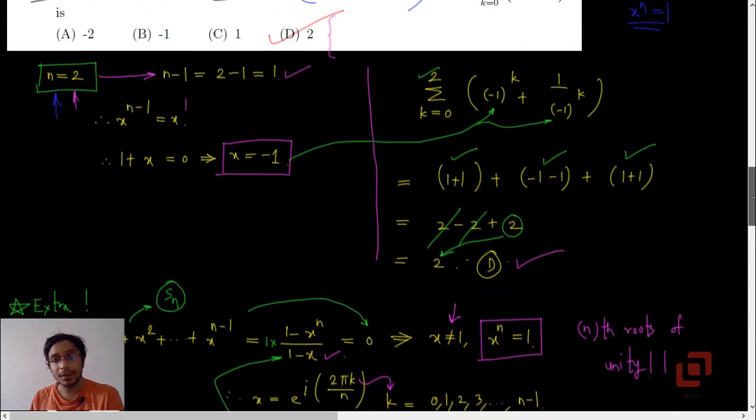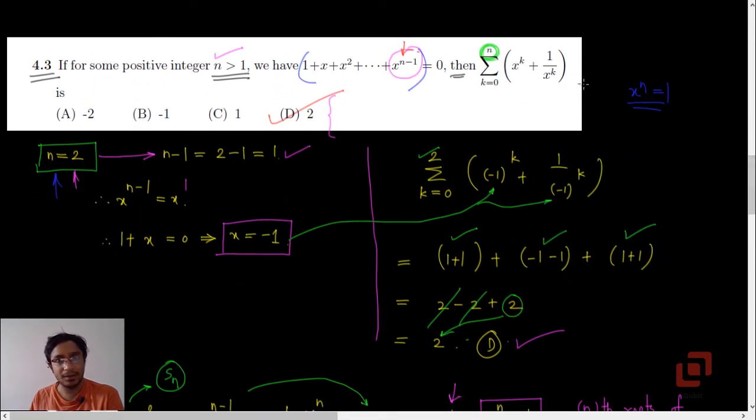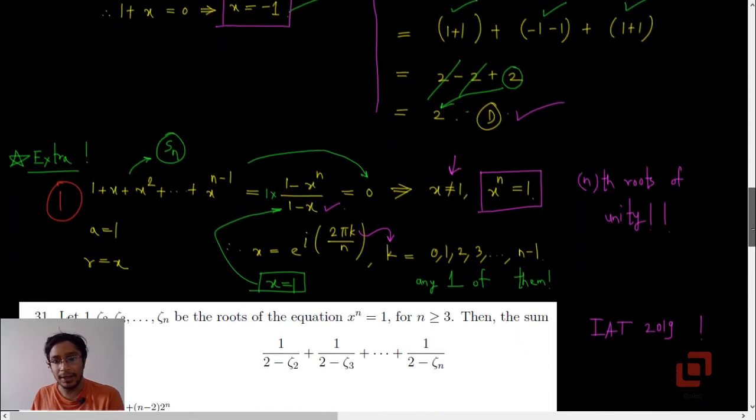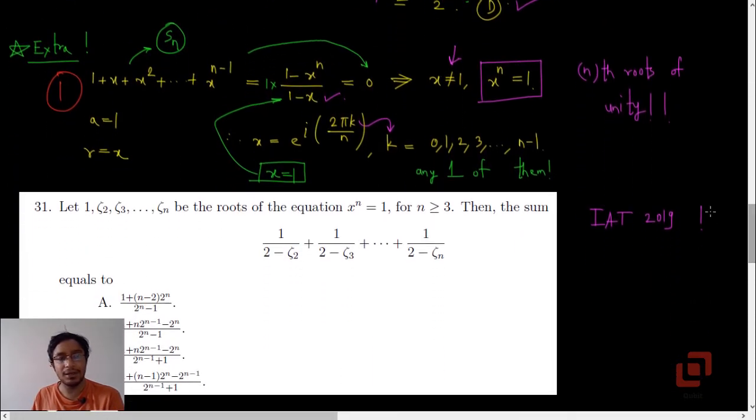The other thing is, if you look at the second number, it is actually the reciprocal of the first. And it ensures that the imaginary part of our root will get cancelled, because if you have cos theta plus i sin theta, its reciprocal is going to be cos theta minus i sin theta.